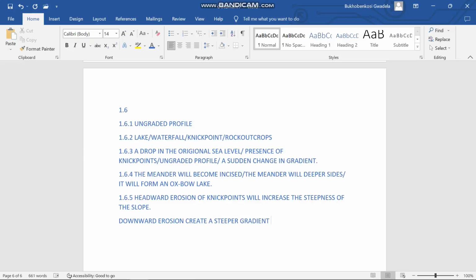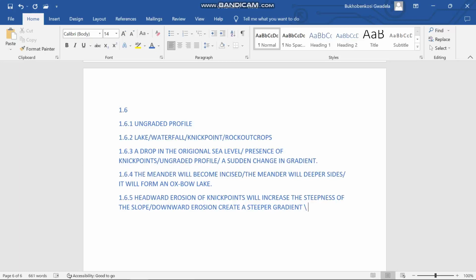Downward erosion creates a steeper gradient because there is downward erosion in the upper course. You are going to write a sentence that is meaningful.